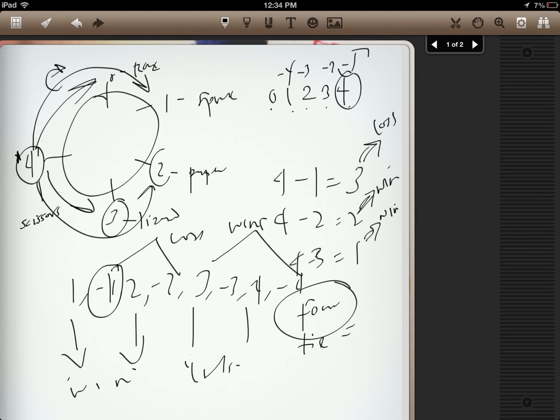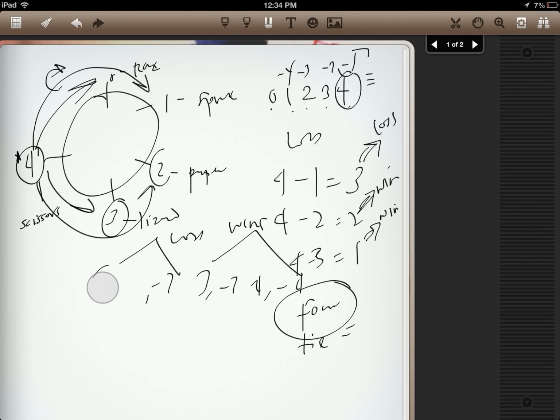And we know 4 is a loss, so we can say -1 is congruent to 4, which represents a loss. And this is just the basic concept behind the Python game Rock, Paper, Scissors, Lizard, Spock.